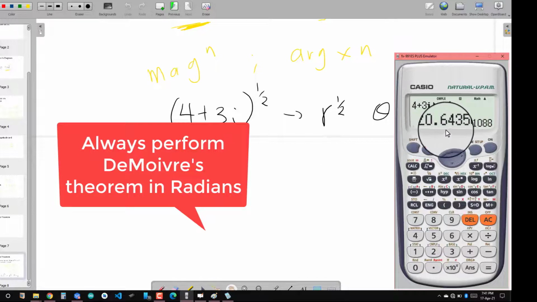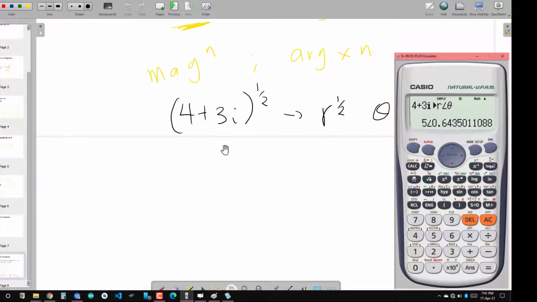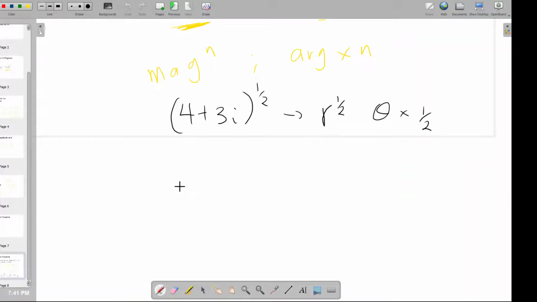So we have the magnitude r to be 5, and our angle to be 0.64 radians. If we are finding the square root of 4 plus 3i, or raising it to the power half, we just have to raise the magnitude to half, meaning square root of 5, and then multiply the argument by half, meaning 0.64 over 2.